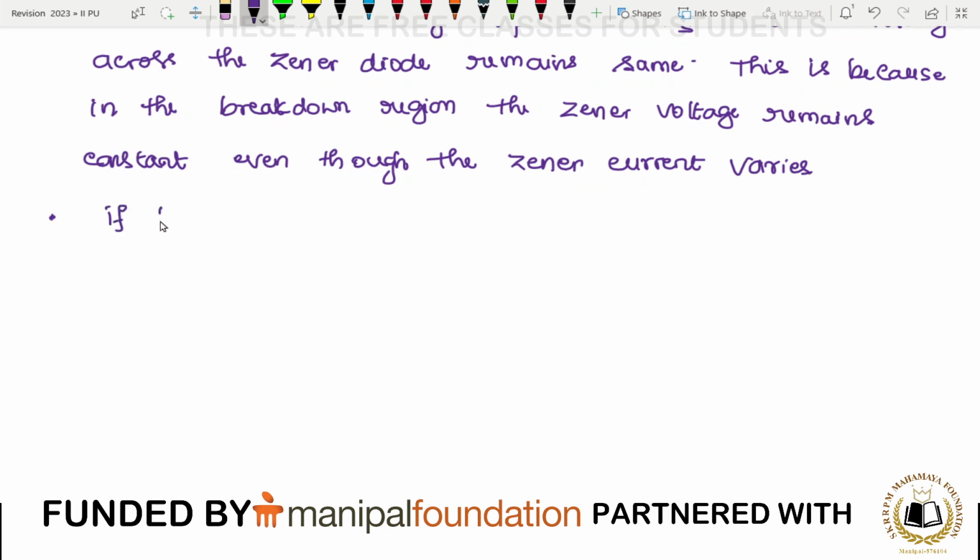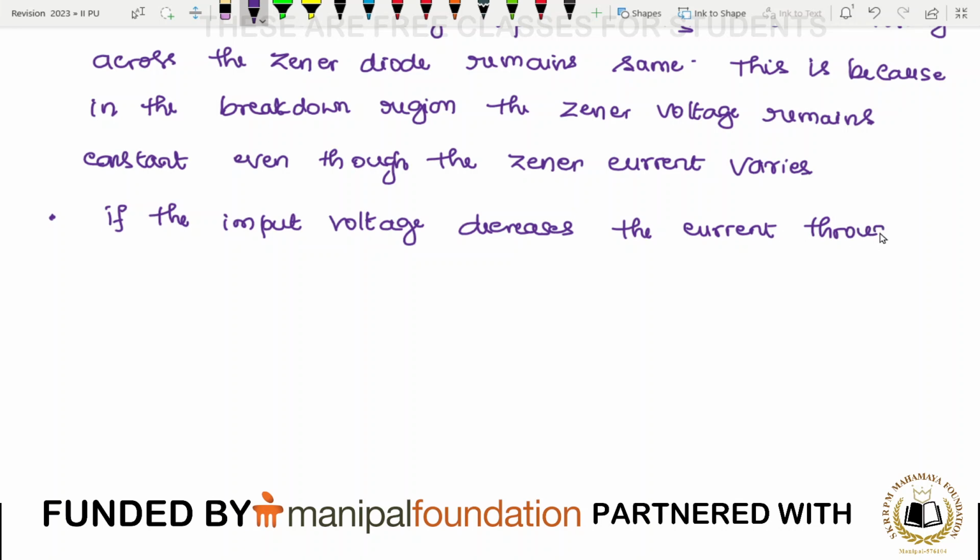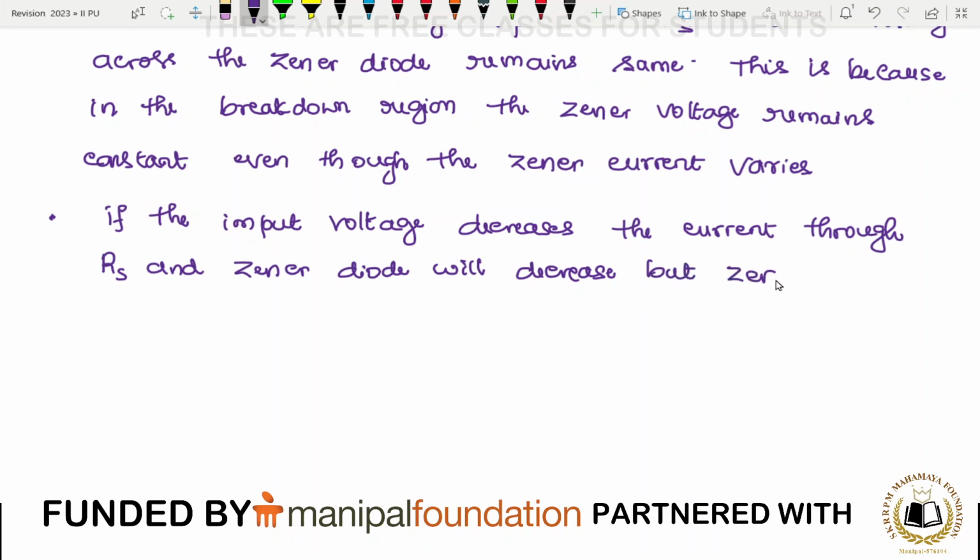Similarly, if the input voltage decreases, the current through RS and the Zener diode will decrease, but the Zener voltage Vz will remain constant.